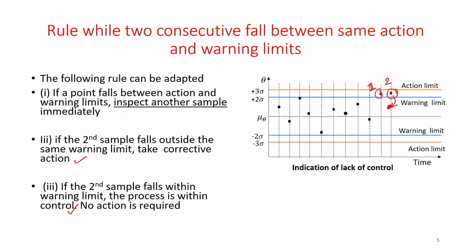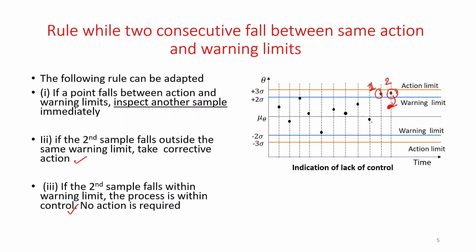So the moment I find one point going beyond warning limit, whether upper or lower, we should quickly take one more sample and again check its value, and then we'll see whether it is coming in between warning or action limit or not. If it is coming between warning limit and action limit, then my conclusion will be the process is out of control.